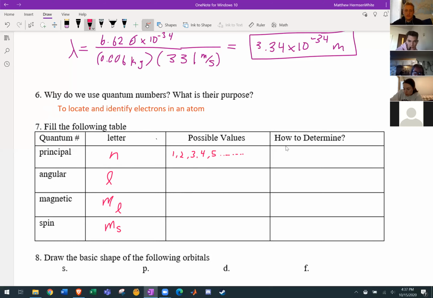This will make more sense when we do some examples. But when we start talking about 1s or 2p, it's whatever this number is here. So if you had a 3d orbital, it's whatever the coefficient in front is. That's the n quantum number.